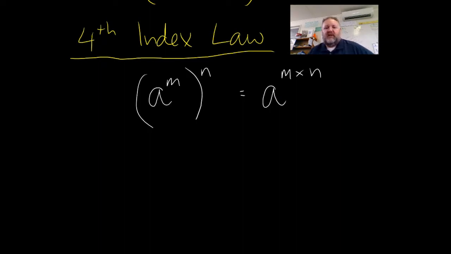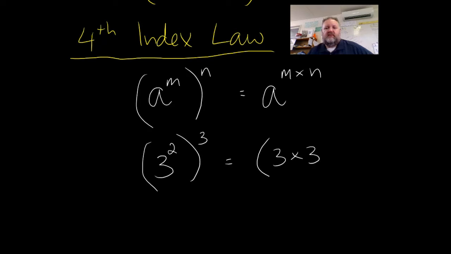Okay? Because we know everything on the inside is multiplied by what's on the outside. If we actually had 3 to the power of 2 outside of the power of 3, well, we could write that as, inside the brackets, 3 times 3, all to the power of 3. Now that we have worked out that bit, each of these parts needs to be affected by what's on the outside of our bracket.